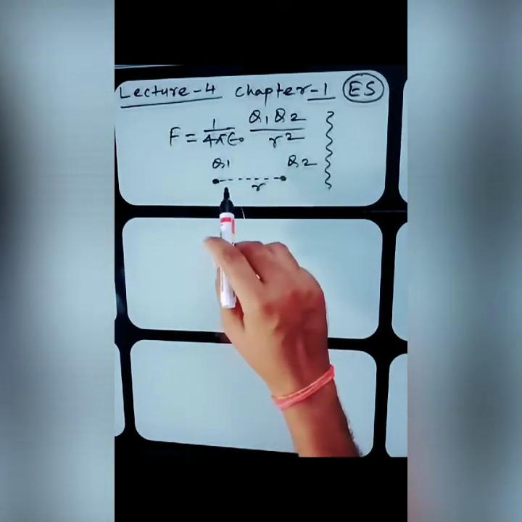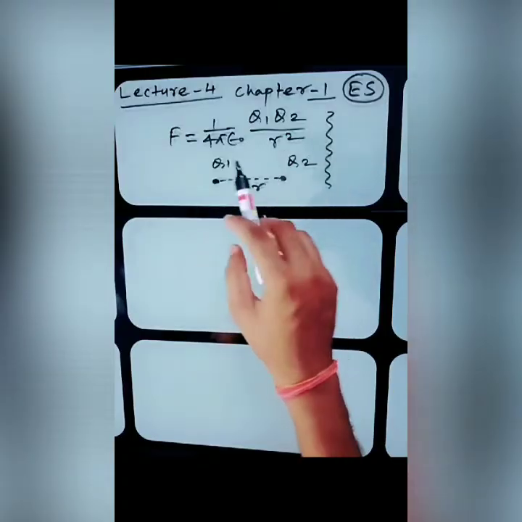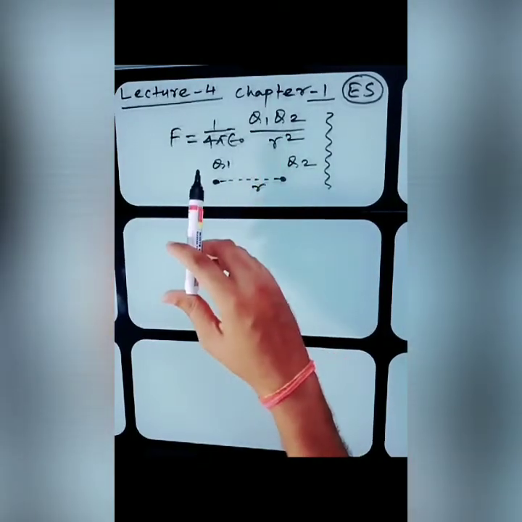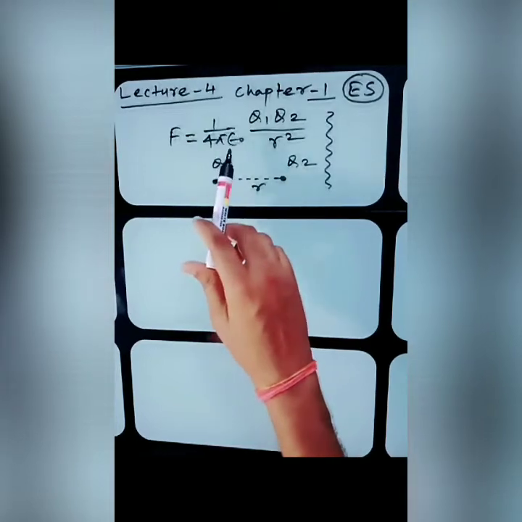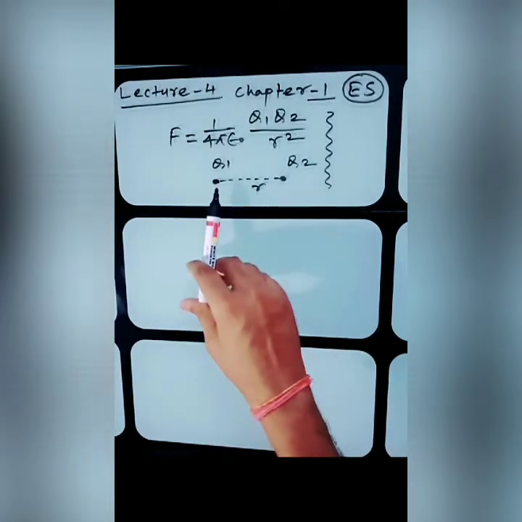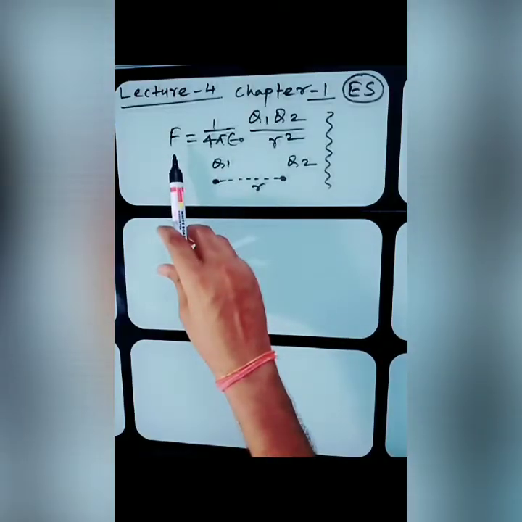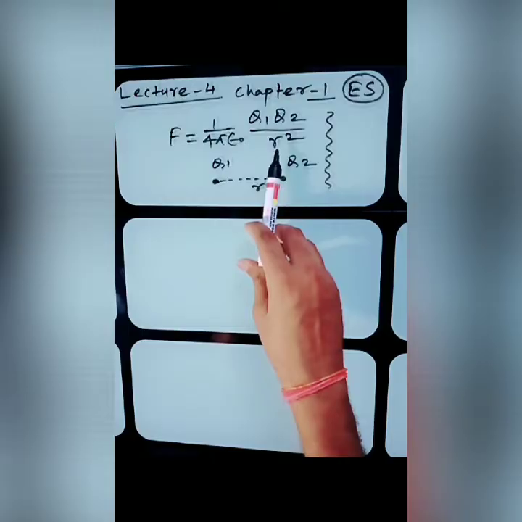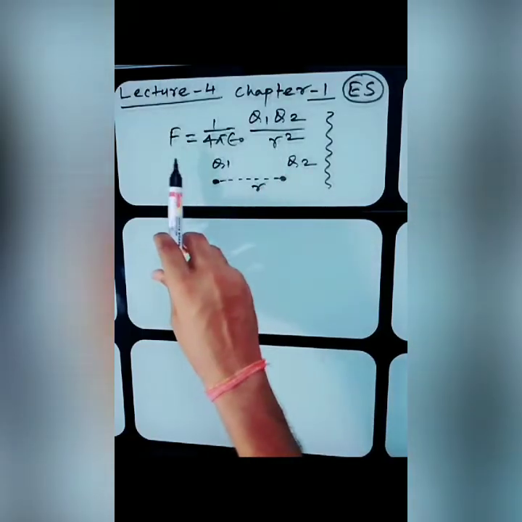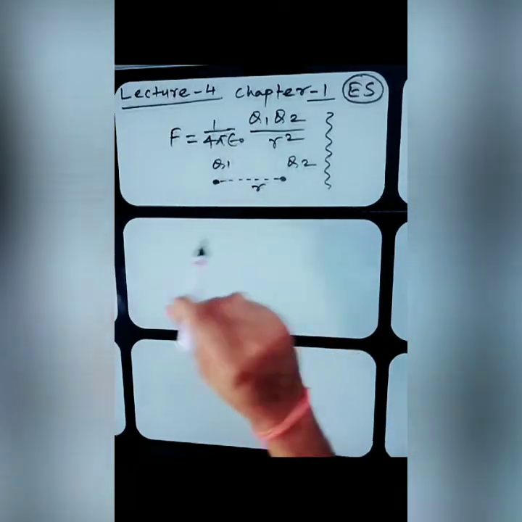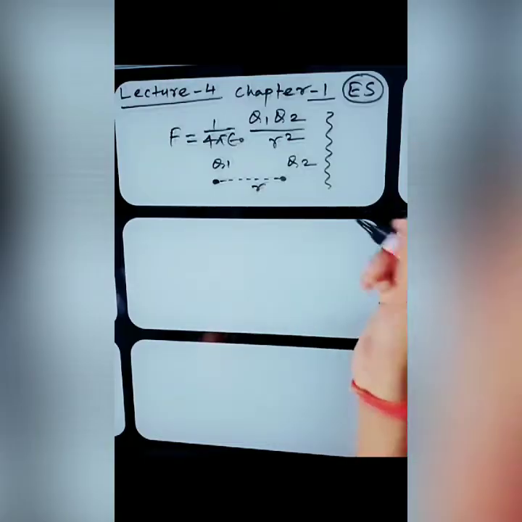If the charge is constant and the separation between the two charges becomes double, how will the force change? It's very easy: if the separation becomes double, the force will be 1/4 of its initial value.